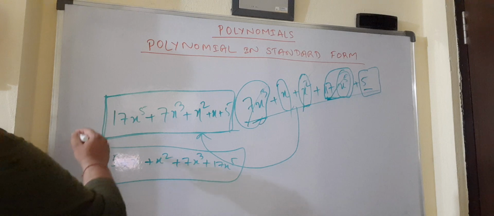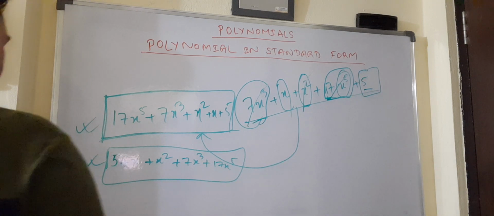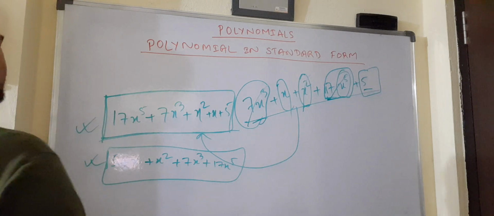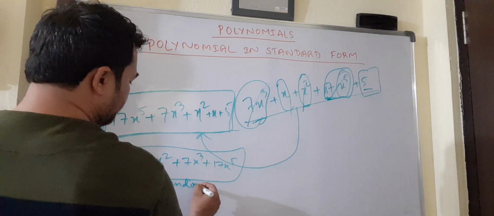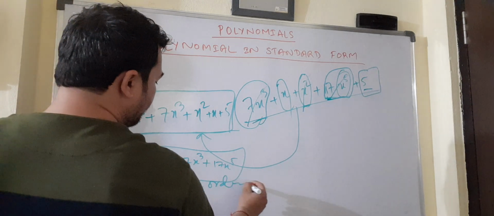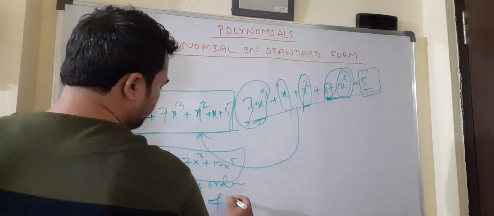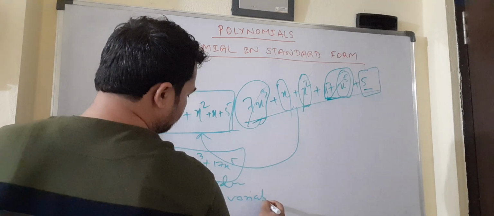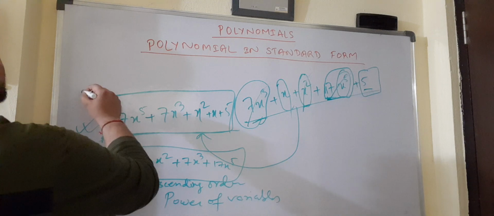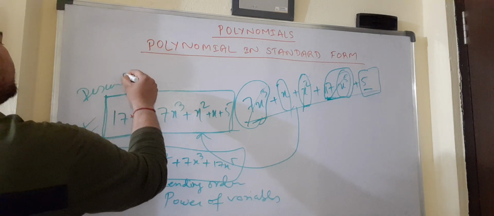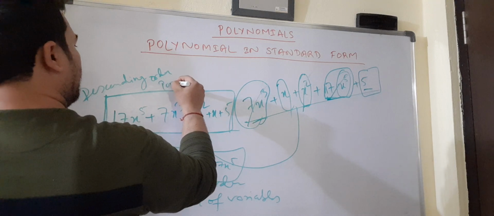So either you write or rearrange the polynomials in the ascending order of powers of variables, ascending order of what? Power of variables, or like the earlier case, descending order of power of variables.